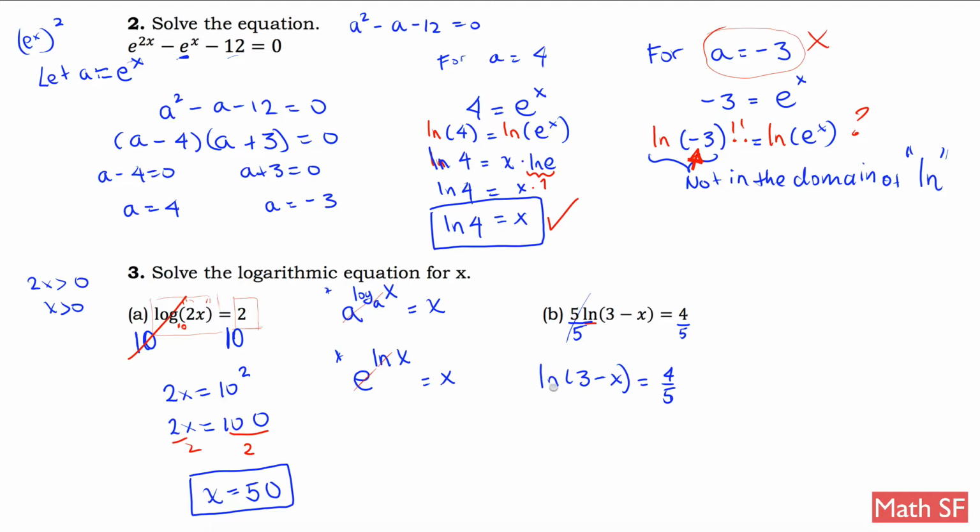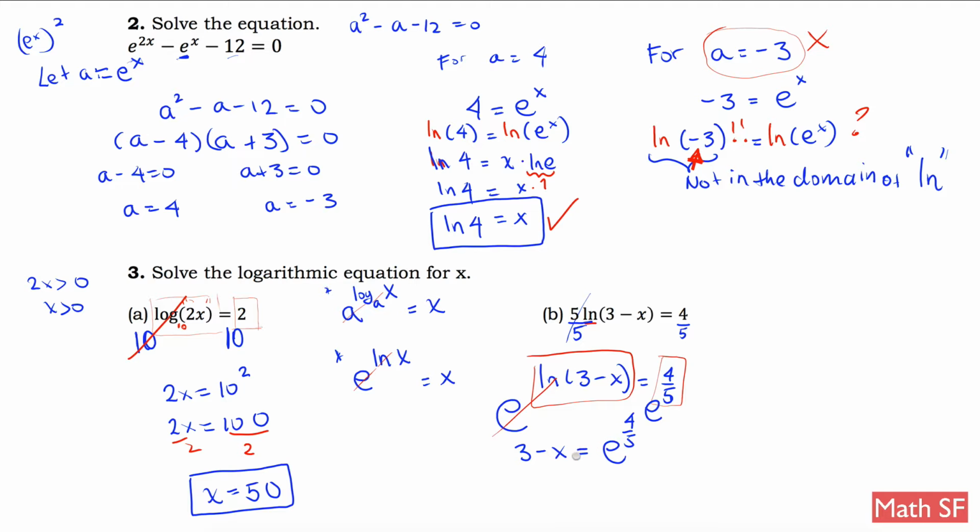So I'm going to use the same technique here. This is going to be my power, and this is going to be my power as well, my exponent. So I raise to the power: e to the power equals e to the power. These cancel out and you get 3 minus x is equal to e to the 4/5.